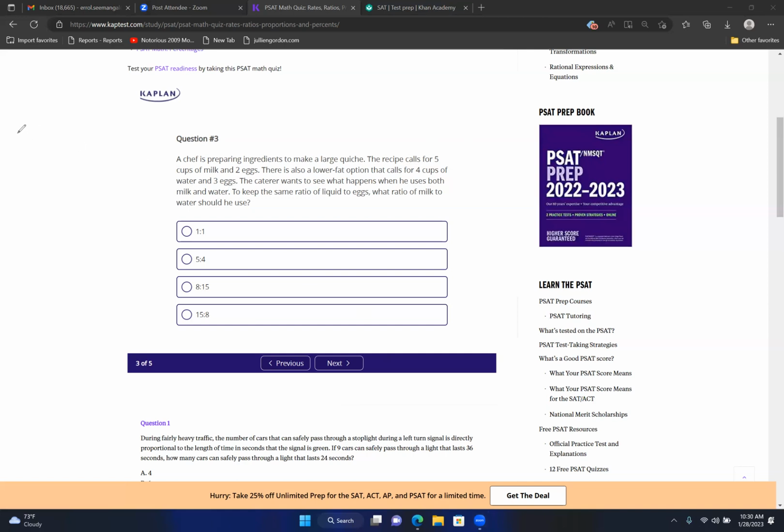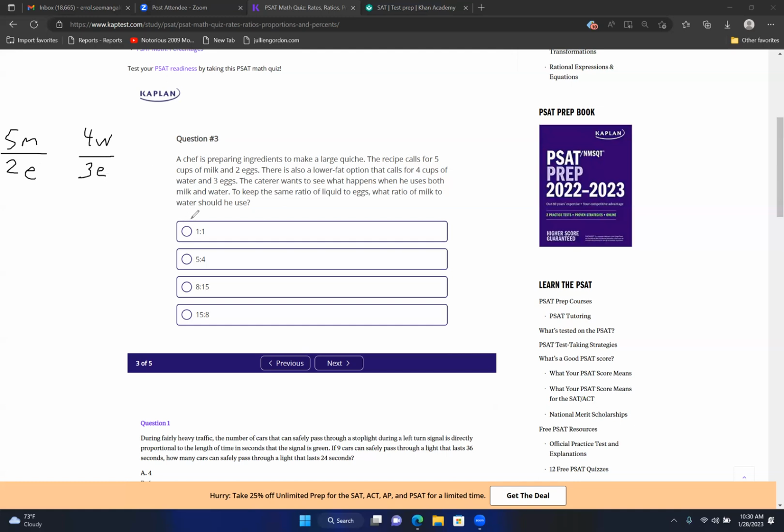Recipe calls for 5 cups of milk for every 2 eggs, right? So there's your 5 milks and there's your 2 eggs. There's also a lower fat option that calls for 4 cups of water and 3 eggs.